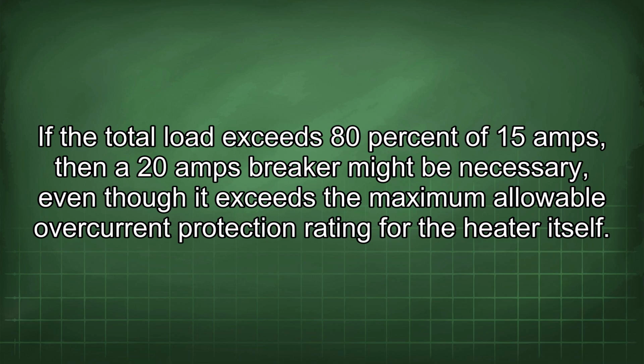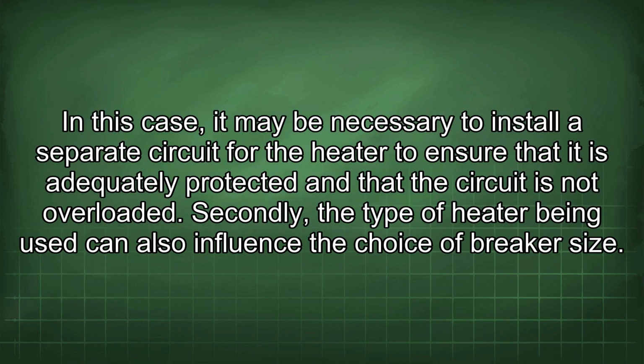If the total load exceeds 80% of 15 amps, then a 20 amps breaker might be necessary, even though it exceeds the maximum allowable overcurrent protection rating for the heater itself. In this case, it may be necessary to install a separate circuit for the heater to ensure that it is adequately protected and that the circuit is not overloaded.